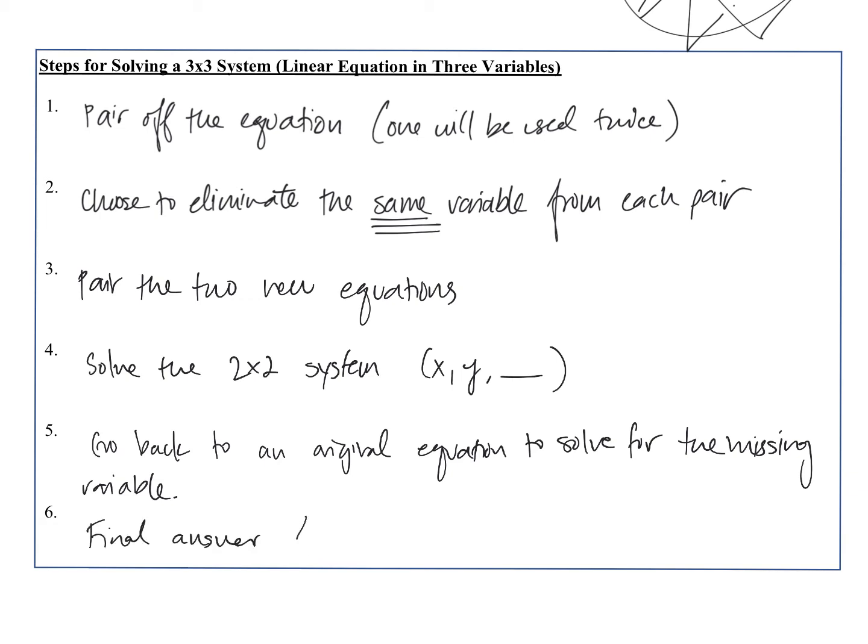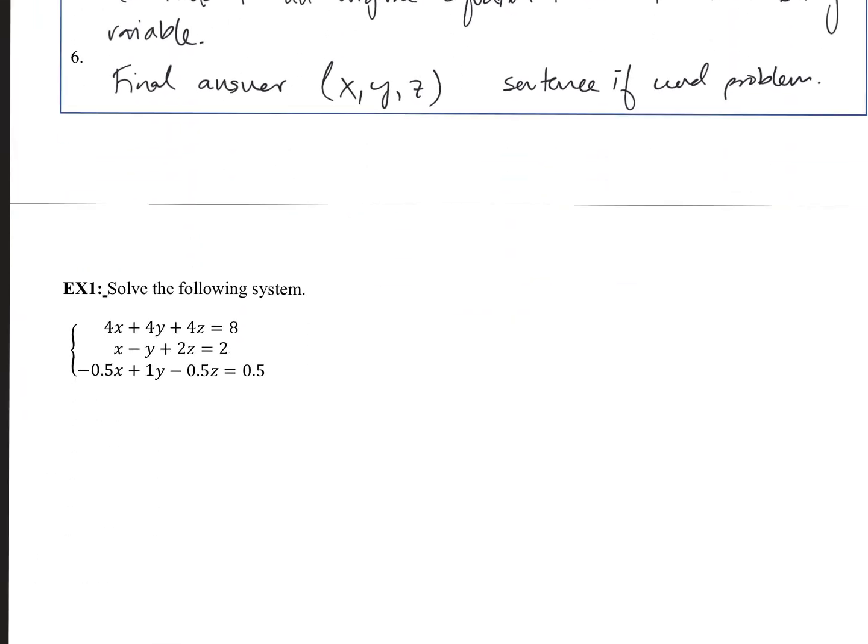If it's not a word problem, you'll just answer in x, y, z format. If it is a word problem, answer in a sentence. Okay, very basic. So usually the basic plan is to eliminate z from each pair, but that's really generic. It doesn't always work. So let's take a look at example 1.